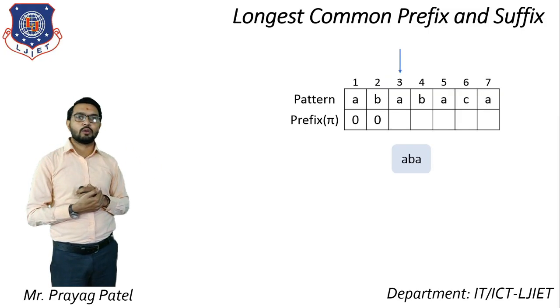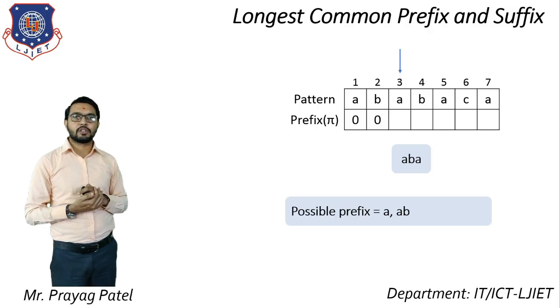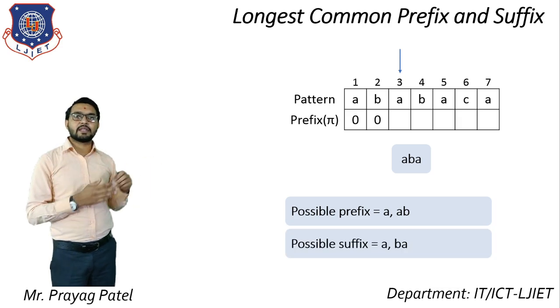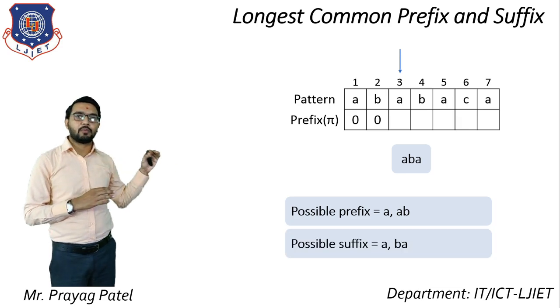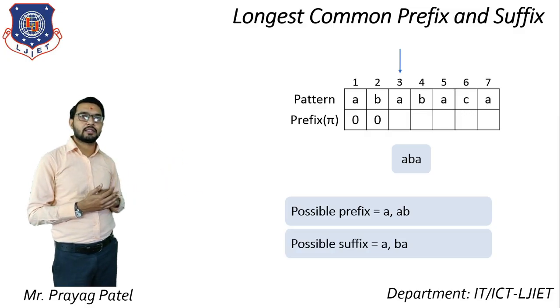Consider the next location, location 3, meaning the string ABA, the first three characters. Now the prefixes are A and AB, and the suffixes are A and BA, pairing from the last. First the prefix and suffix are A in both cases.